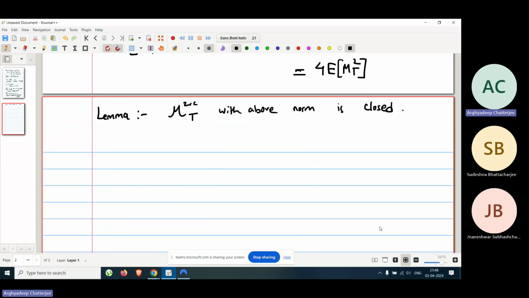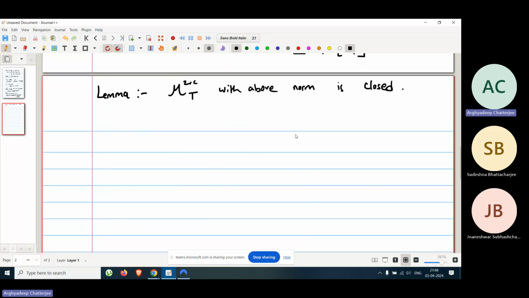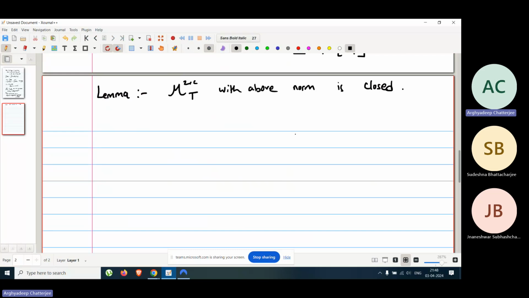By closed, I basically mean that if we have a Cauchy sequence with this norm and it converges to some martingale, then the limiting martingale will also be continuous and it will also be L2 integrable. L2 integrability just follows by Fatou's lemma. That is just the usual L2 closure. But this continuity, I'll prove why the limiting one will also be continuous.